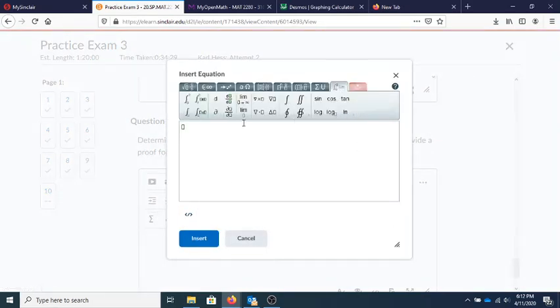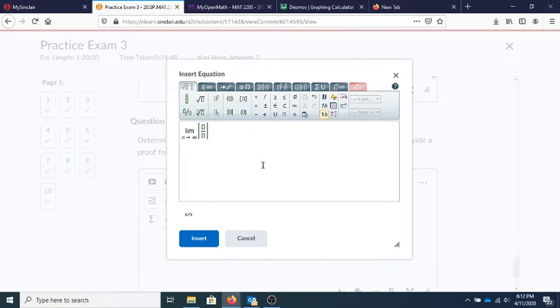So I'll use my limit tab. Limit as n goes to infinity of, now in my parentheses here I have an absolute value. Remember, we need to use absolute value for the ratio test.